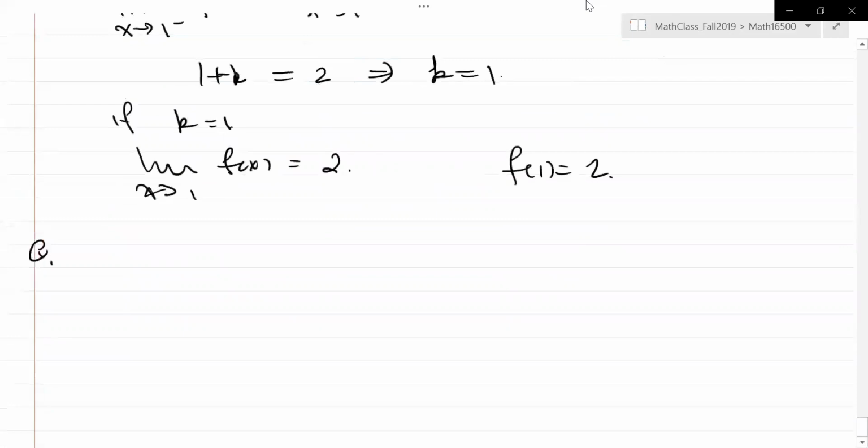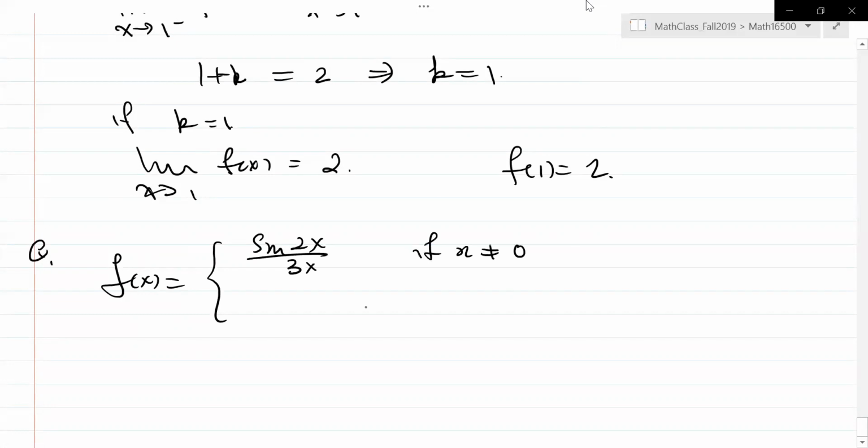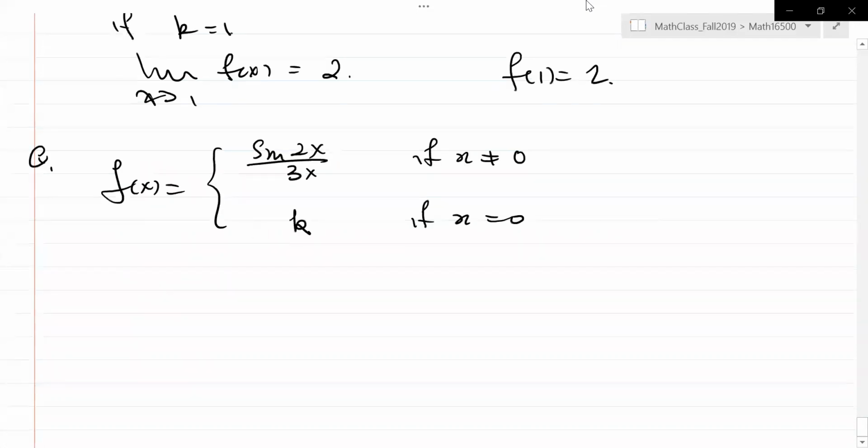Right. So let's look at another piecewise defined function. This time the function is defined by 2 pieces, but it's not about the right-hand side or left-hand side of 0.